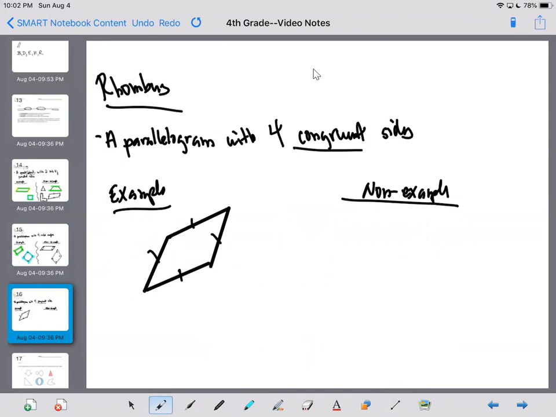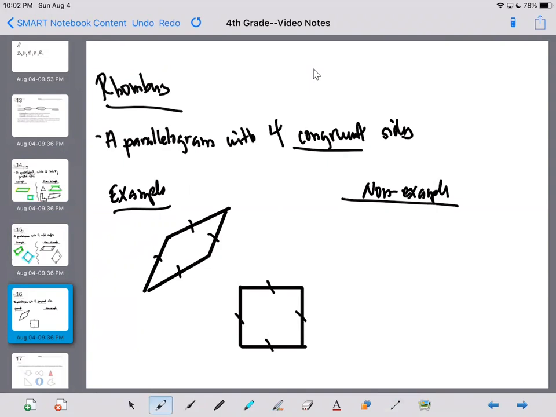And that's really not the best drawing there, so let me try that again. Kind of looks like that kite, but all the sides are the same. There's a square. All the sides are the same.